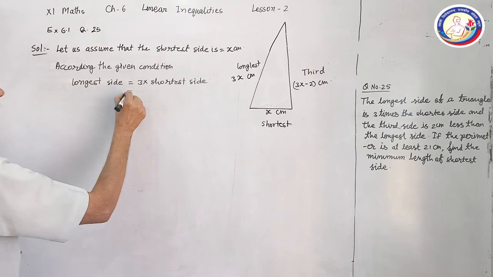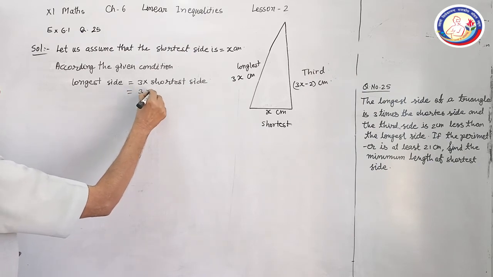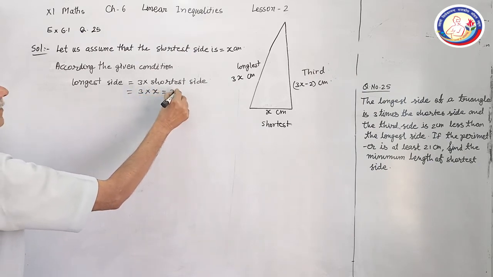The longest side will be 3 into x, that is 3x centimeter.